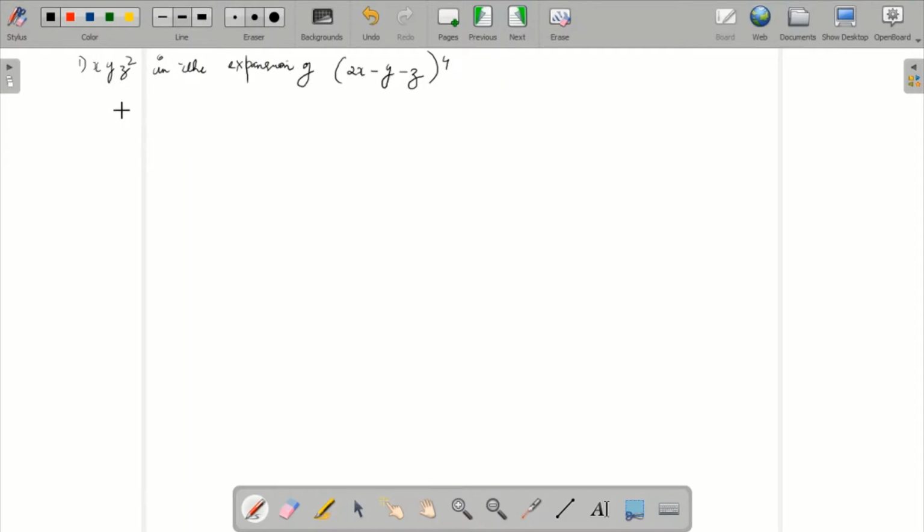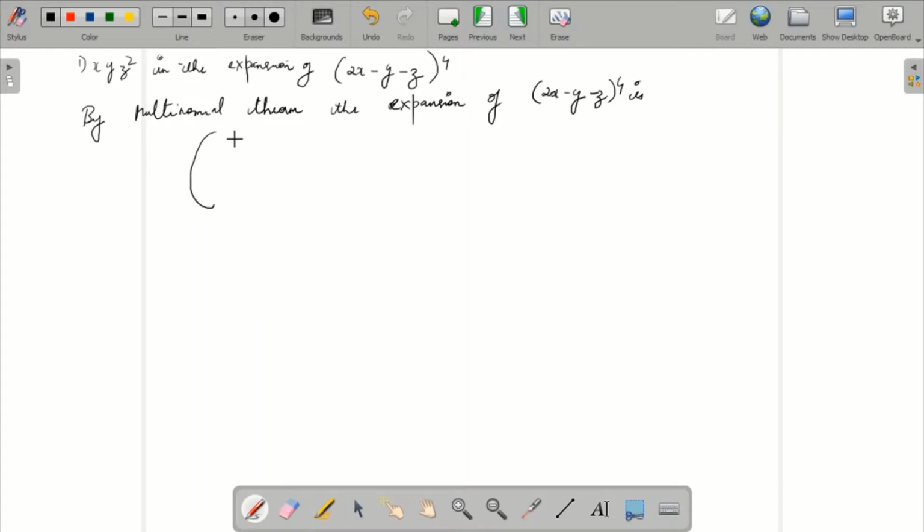By the multinomial theorem, the expansion of 2x minus y minus z to the power 4 is nothing but, you know that n is 4.